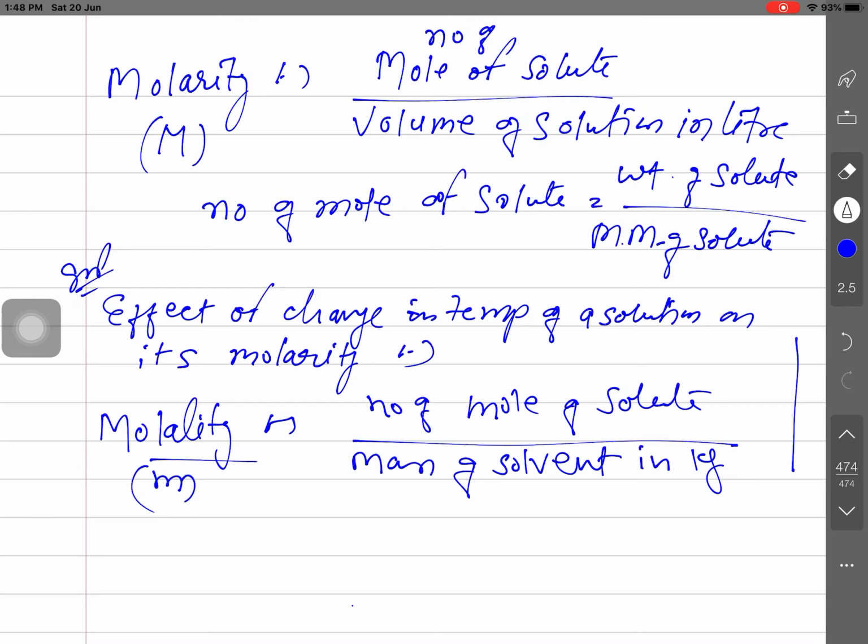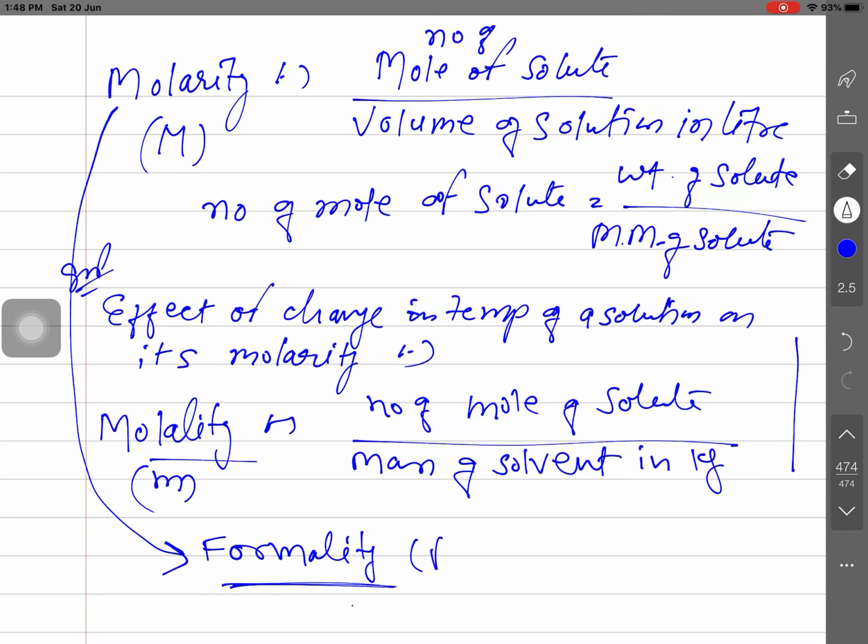And here also, sometimes questions are asked on molarity and formality. Formality is represented by capital F. What is formality?